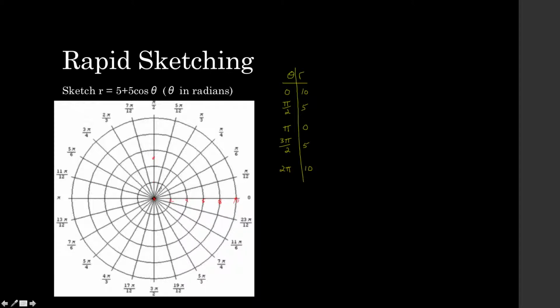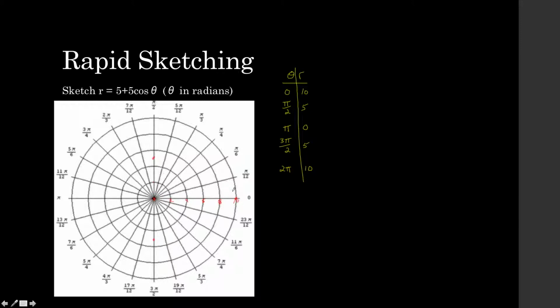We're going to have 3 pi over 2 and 5, so 2, 4, 5. And we are going to have 2 pi, 10. So we're back where we started.